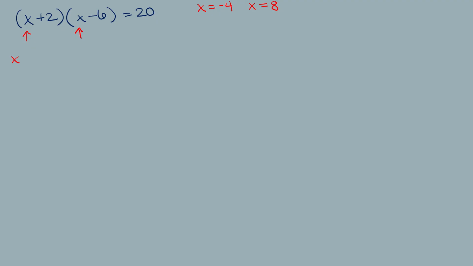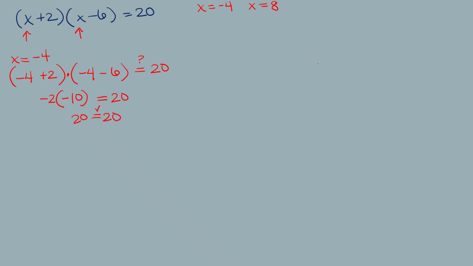So if we're testing x equals negative 4, we have negative 4 plus 2 in parentheses multiplied by negative 4 minus 6, and we want to see if this equals 20. So negative 4 plus 2 is negative 2, times negative 4 minus 6 is negative 10, and two negatives multiplied together is a positive, so we get 20 equals 20. So that checks out. So we know that x equals negative 4 is a possible solution.